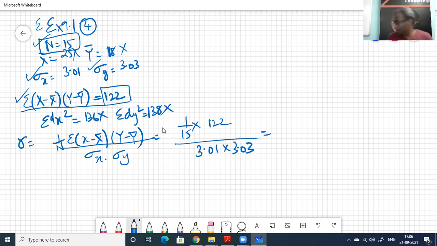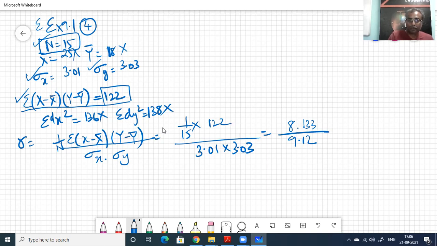So calculate 122 by 15, how much? 8.133 divided by 3.01 into 3.03, which is 9.12.